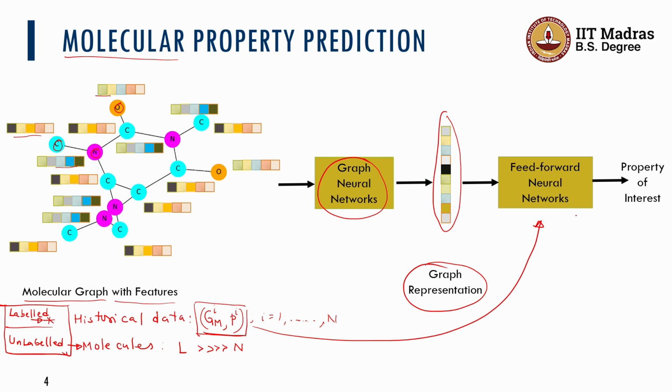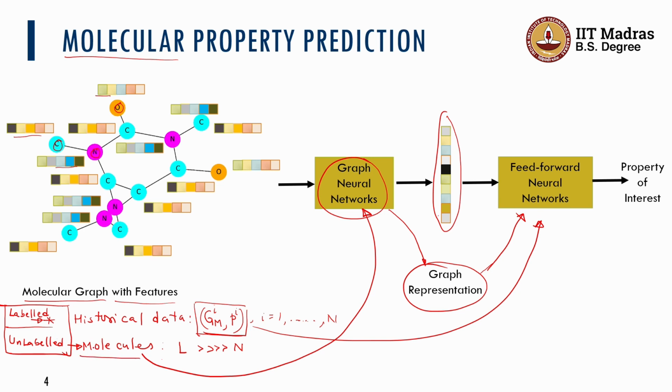And once I have learned this neural network, for a new unlabeled molecule, I have to go through the graph neural network, generate a graph representation, and then use this model to predict the property for this unlabeled molecule.